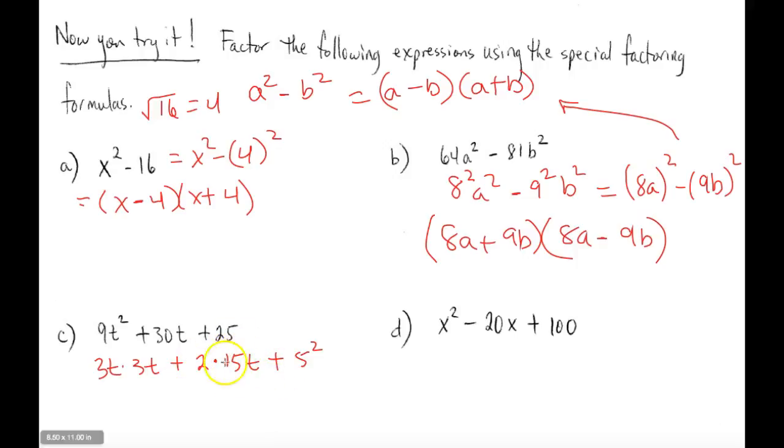And so here, if you notice, we have 2 times 15, but 15, if we write that out some more, is going to be 3 times 5. Okay.